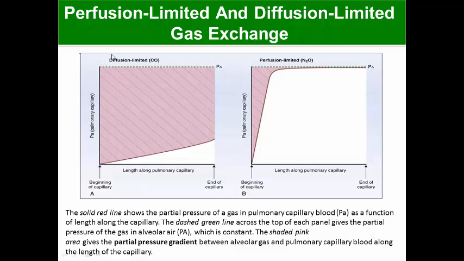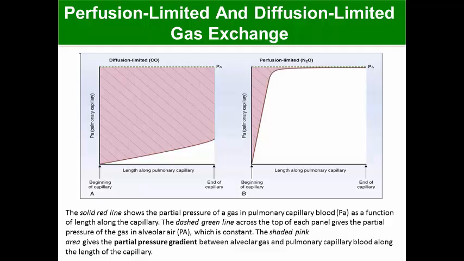The solid red line shows the partial pressure of the gas here in case A, and this is the solid red line here in case B. This is the partial pressure of the gas in the pulmonary capillary blood.